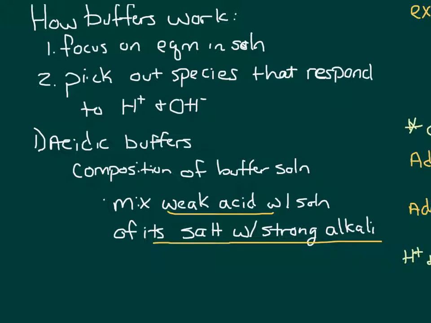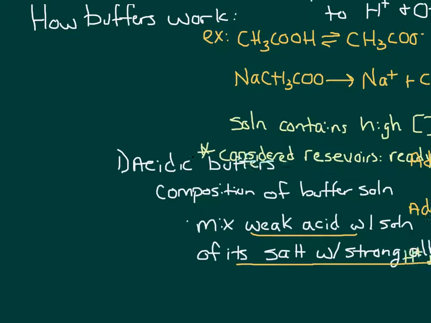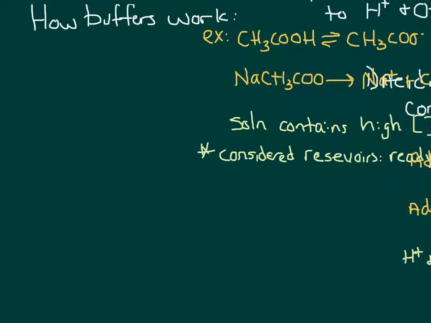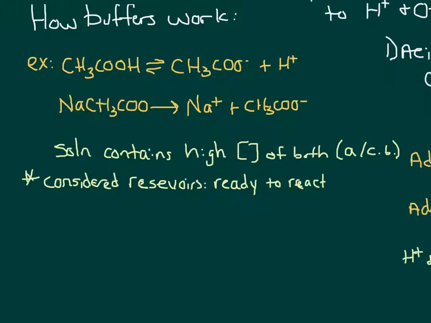An example of this would be acetic acid, CH3COOH. It breaks down into CH3COO minus and H plus. That is a weak acid.